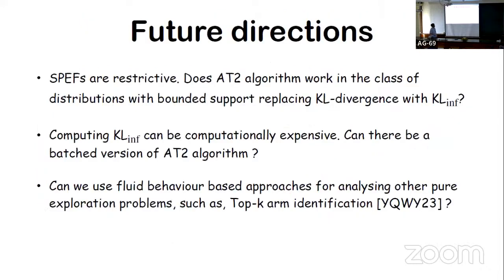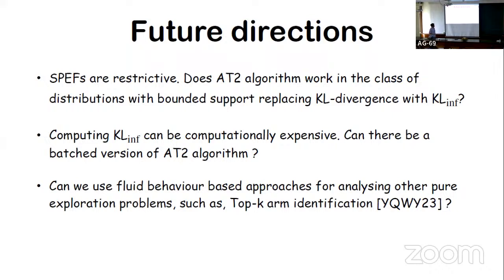And here are some future directions. SPFs are very restrictive. In the real world, the instances are not always from an SPF. They can be from the class of bounded random variables, or in fact, they can be heavy-tailed distributions. In that case, there is an extended version of the algorithm where we just replace the KL divergence with KLinf.